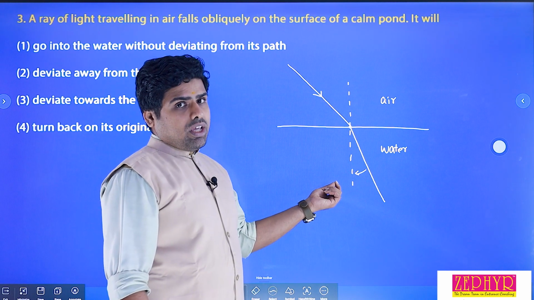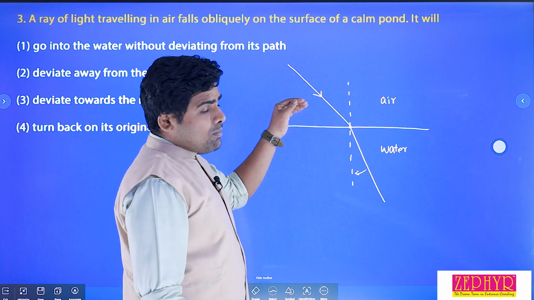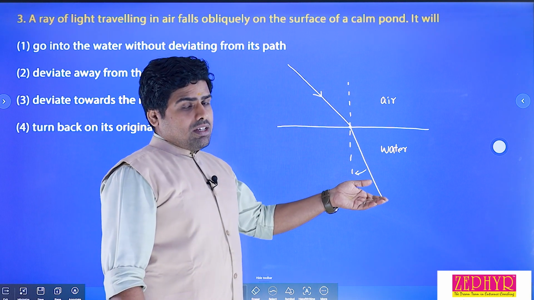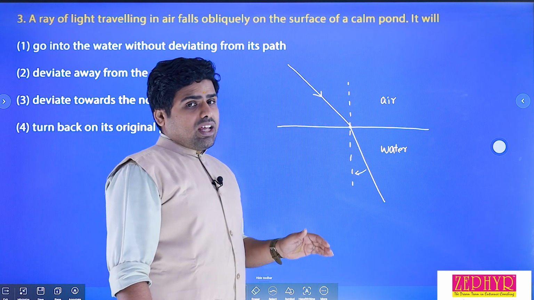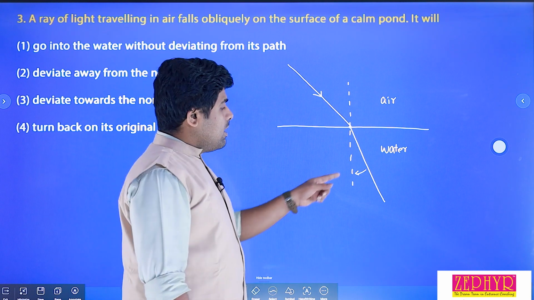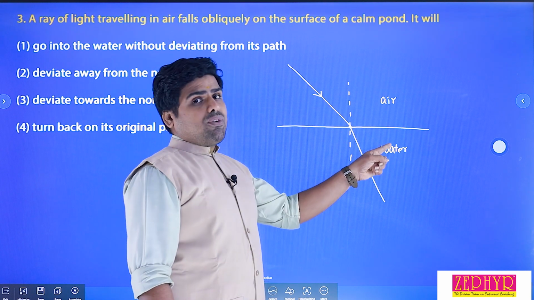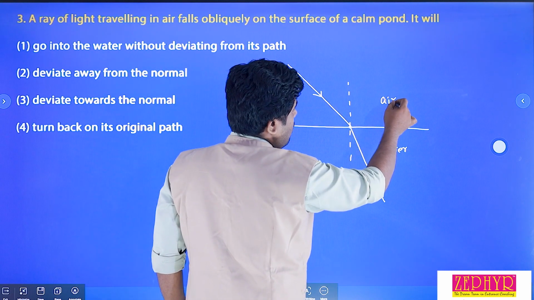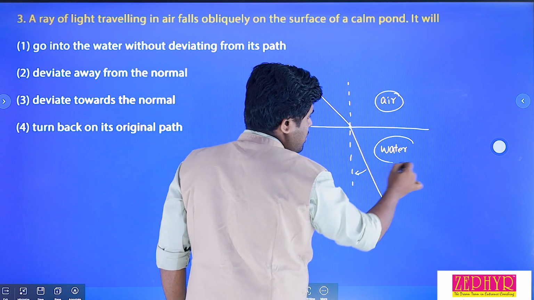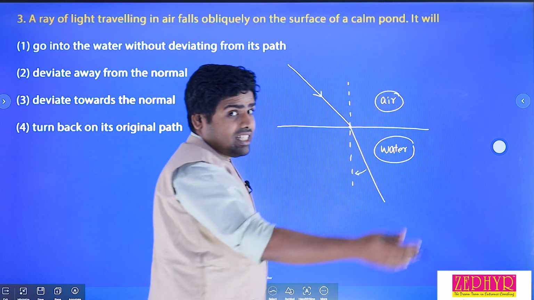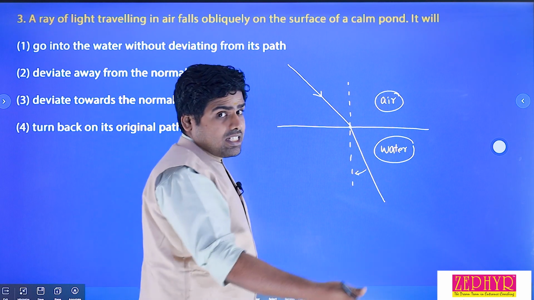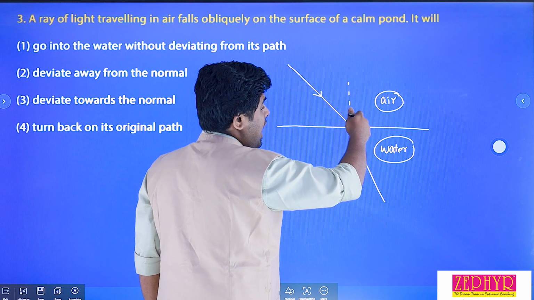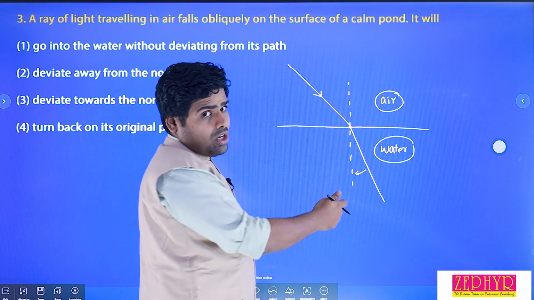That means when a light ray travels from a rarer medium to a denser medium, after refraction the light ray moves towards the normal. When a light ray travels from a denser medium to a rarer medium, after refraction the light ray moves away from the normal. Here medium 1 is air and medium 2 is water. Air is the rarer medium and water is the denser medium, therefore the light ray after refraction moves towards the normal.